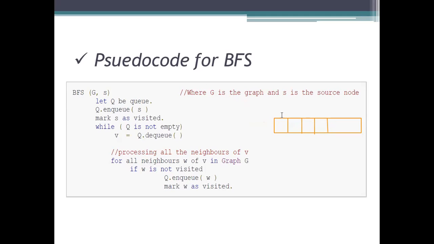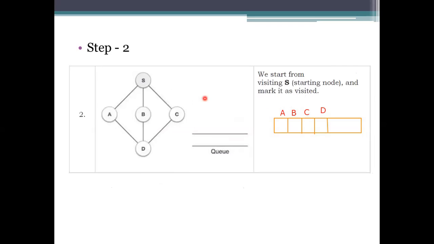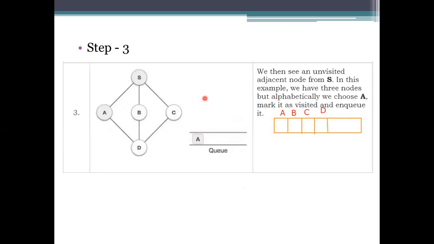A, B, and C. First one is A, and then next one is B. Next one is C. And then next one is D. Here, see how I am going to specify it as a visited one: simply mark it as a 1, meaning go for step 3.